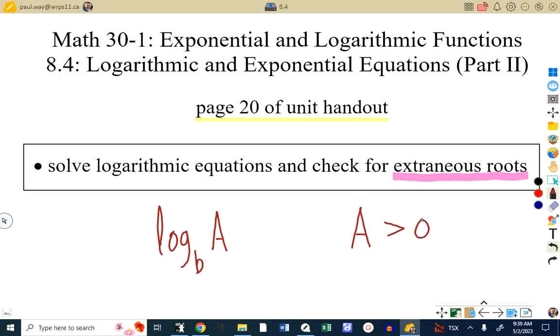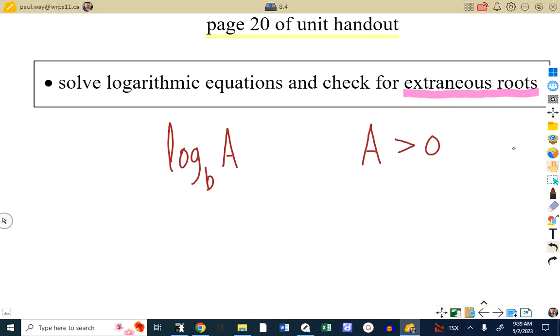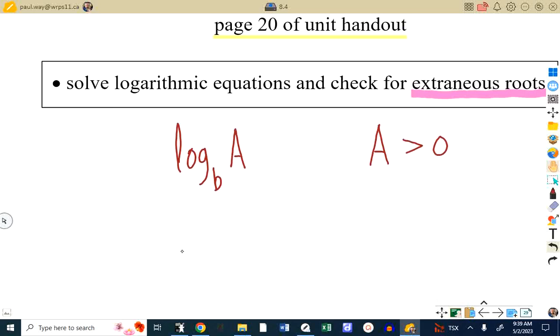Because, just to go through this again, and we have time, if I say to you, what is log base 2 of 0, I'm asking you to find an exponent that you raise 2 to get 0. Well, 2 raised to any exponent will always be a non-zero number. It will always be a positive number.